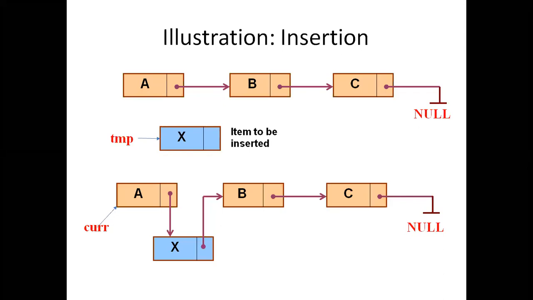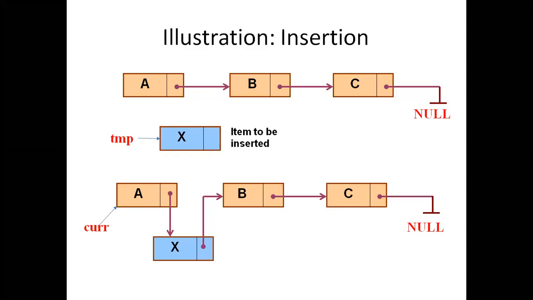Once I establish the connection between temp and the second node in the list, after that I need to disconnect the connection between the first node and second node of the original list. What is the first node in the original list? A. The second node is B. So I need to disconnect that connection and establish a connection from the first node to the temporary node which was newly added to the list.